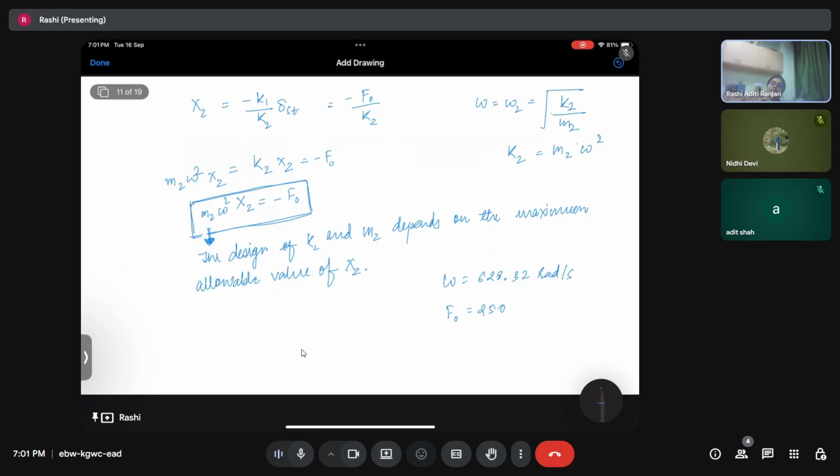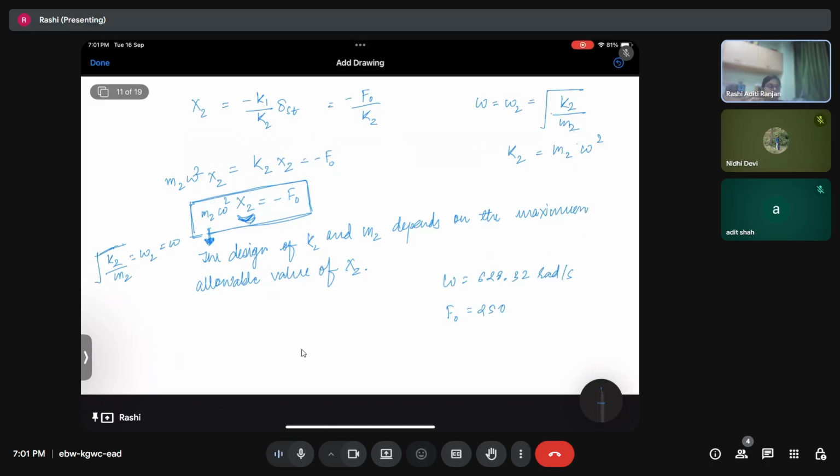Now over here we discussed that this x2 is going to help us decide the value of M2. We know that by definition of the vibration absorber, under root of K2 by M2, which is omega 2, should be equal to omega. We have two variables over here. Even if we find one of them, we can find the second one.